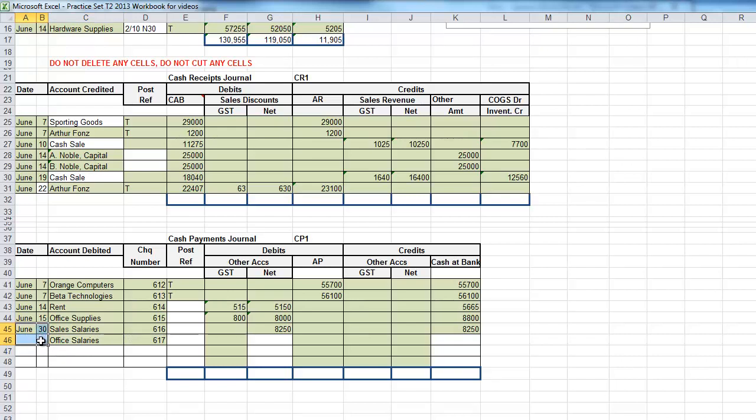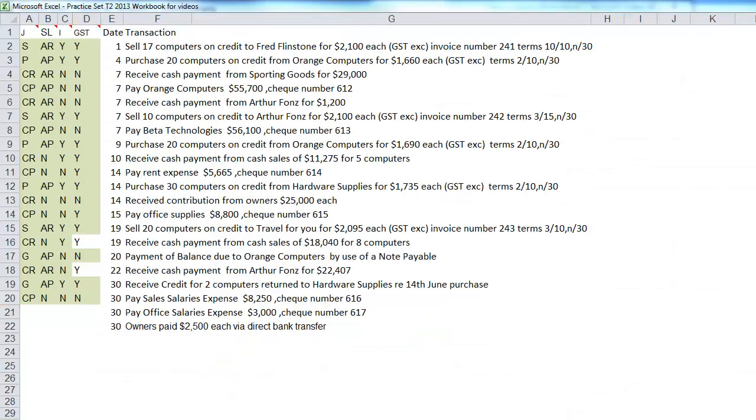June 30, you can write it in, I'm just filling down, Control D. $3,000 and $3,000. Final two items will also be June 30, so I'll just fill those down, Control D, go back and have a look at the transactions.